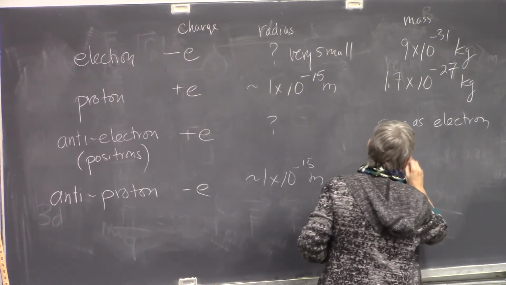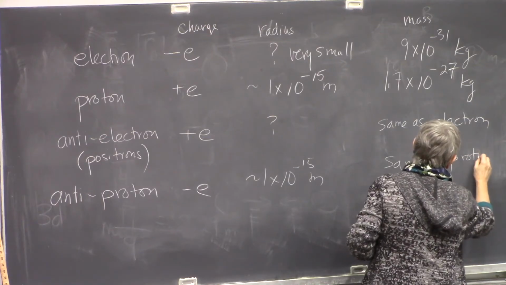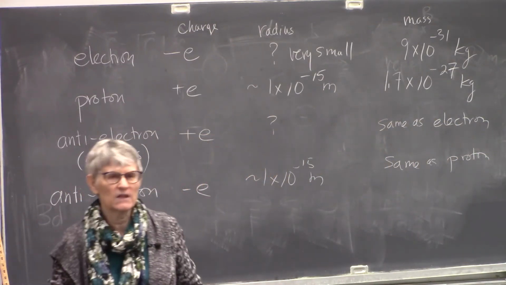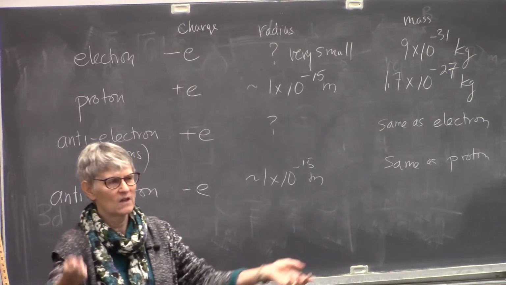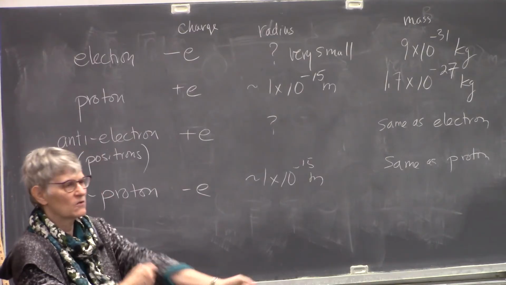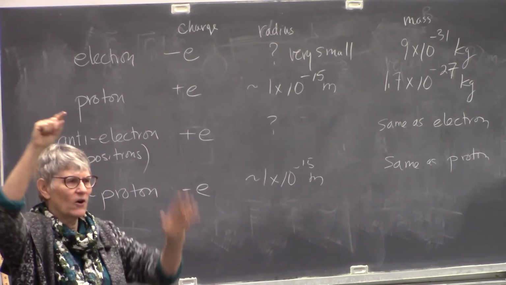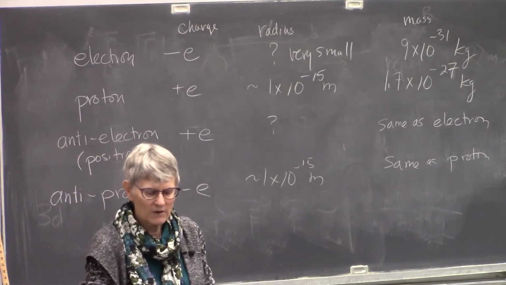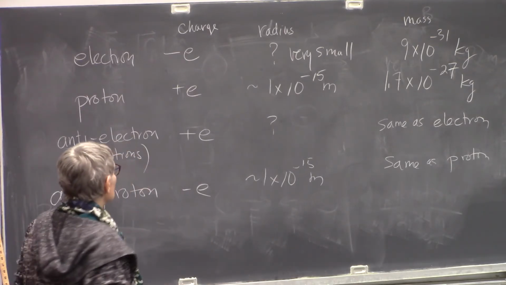The rest is the same as a proton. And there's a bunch of other stuff that we see sometimes: muons, pions, lots and lots of charged particles, some of which are created by energetic particles hitting the top of our atmosphere. So we'll run into a bunch of charged particles in this course.